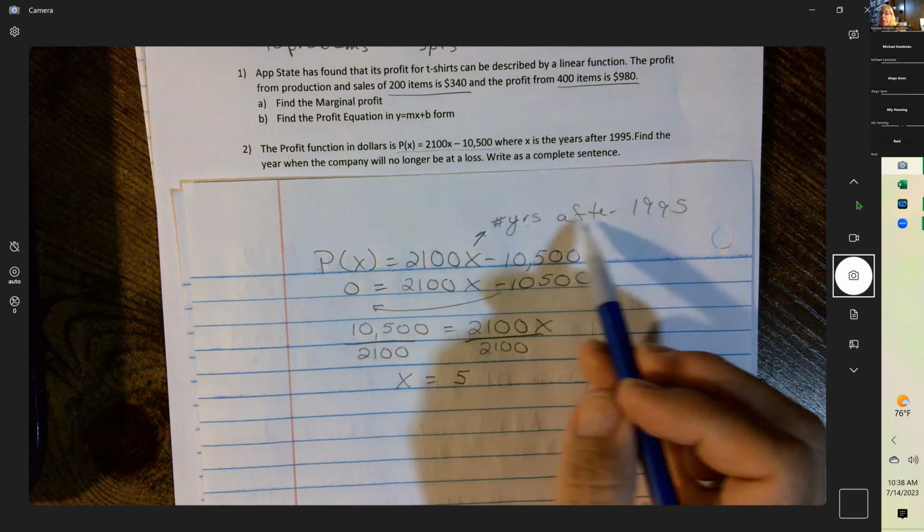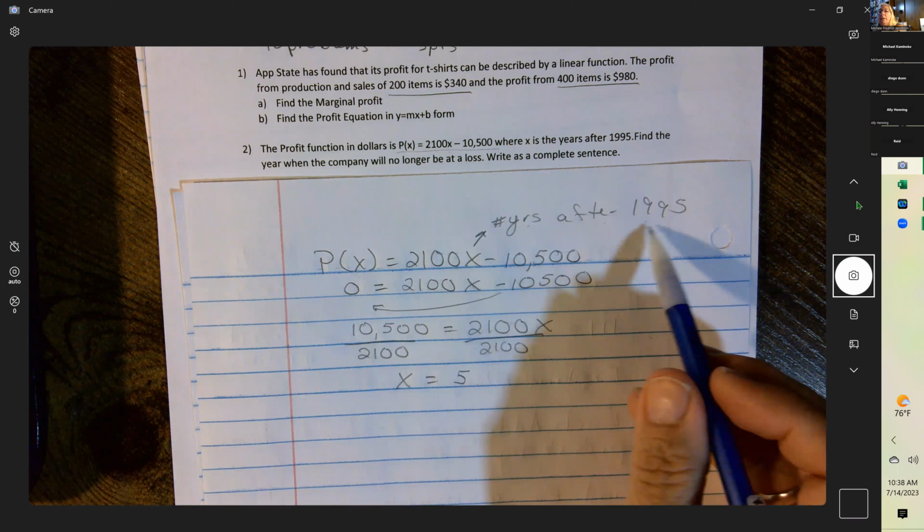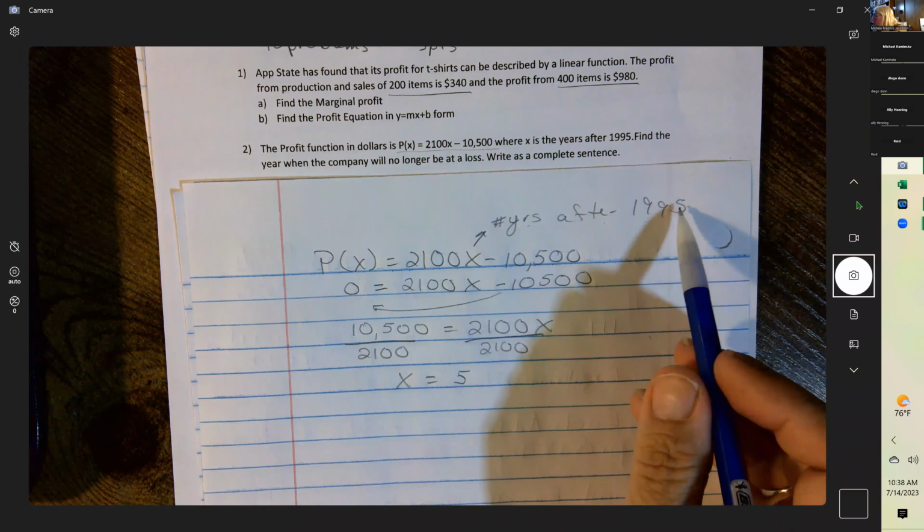X is the number of years after 1995, so we need to add those.